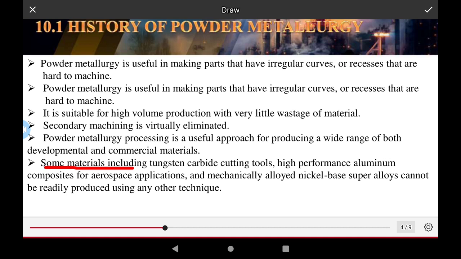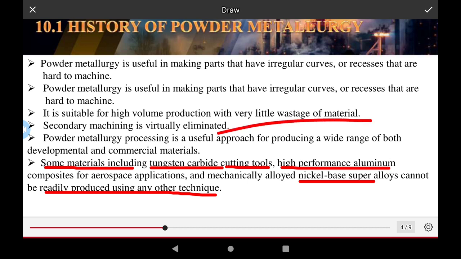Some materials, including tungsten carbide cutting tools, high performance aluminum composites for aerospace applications, and mechanically alloyed nickel based superalloys, cannot readily be produced using other techniques. In the application of powder metallurgy, the powder is generated and compacted under high pressure.